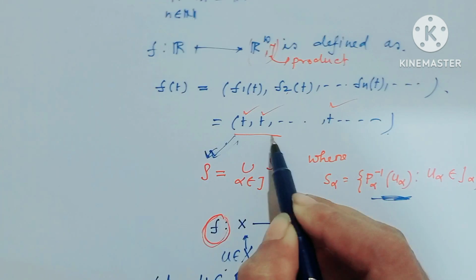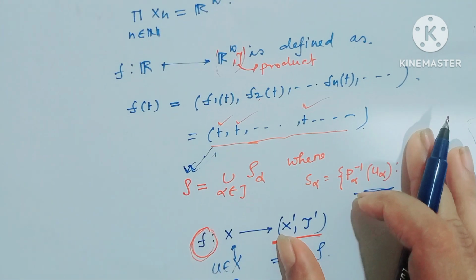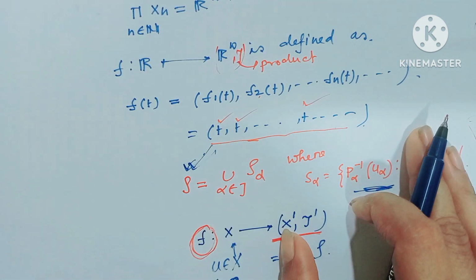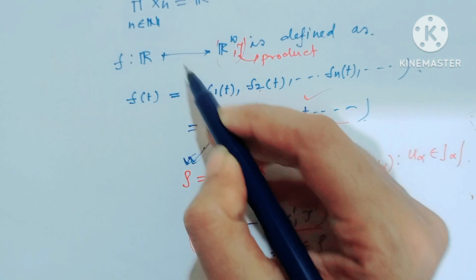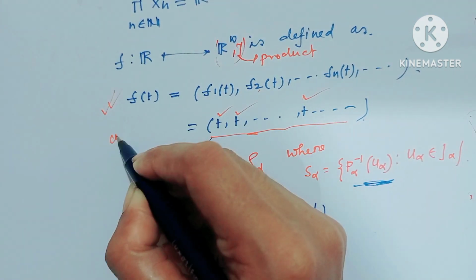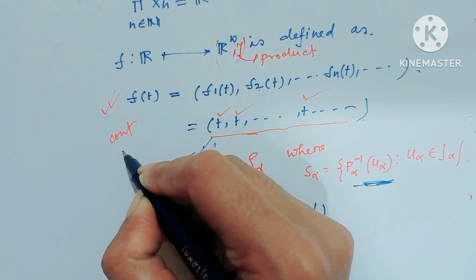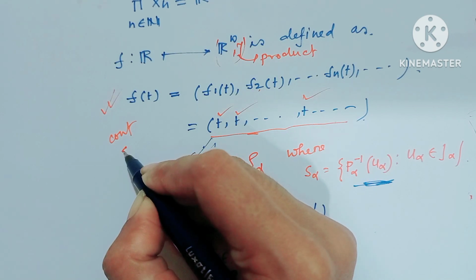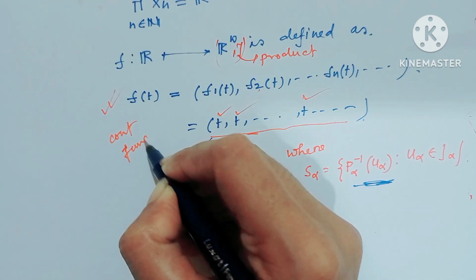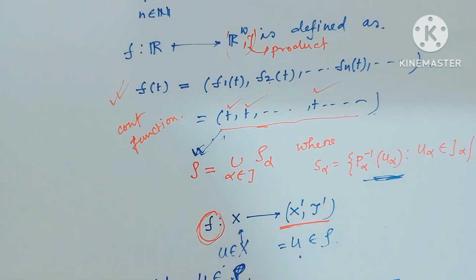So each function is continuous. So since each component is continuous, in the product topology this function is a continuous function. But in the box topology, this function is not continuous. I hope all my viewers have understood what the box topology is, what the difference between box topology and product topology is, and what the basis and subbasis members of the product topology and box topology look like.